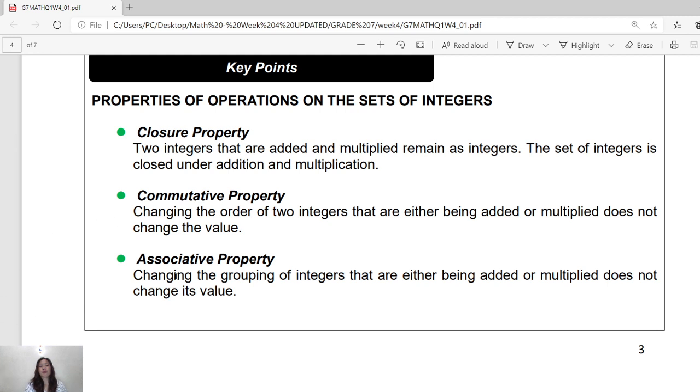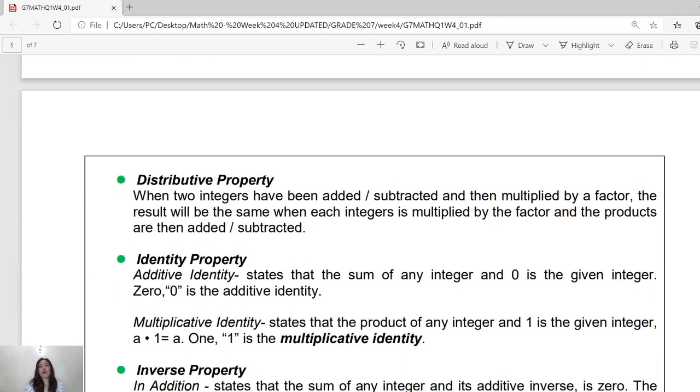So for associative property, changing the grouping of integers that are either being added or multiplied does not change its value. So regrouping, it will never change the value. So that is for associative.